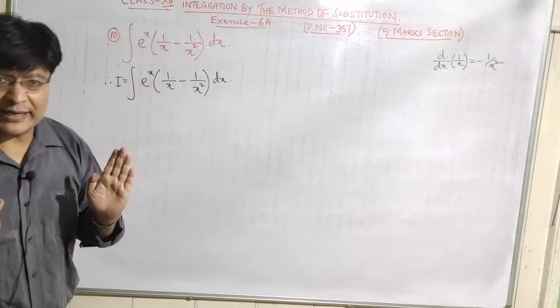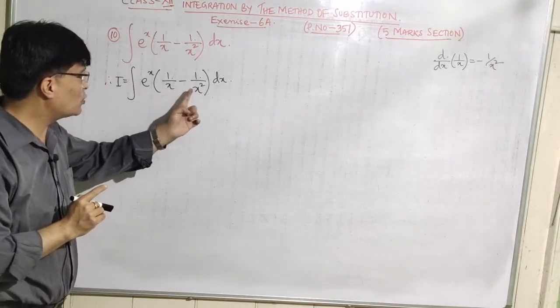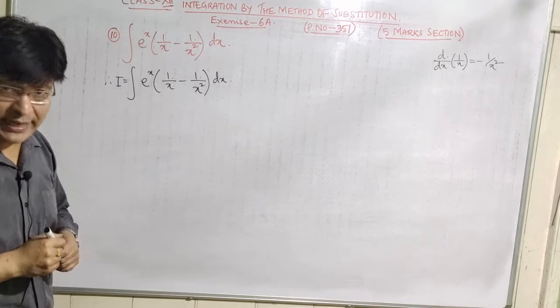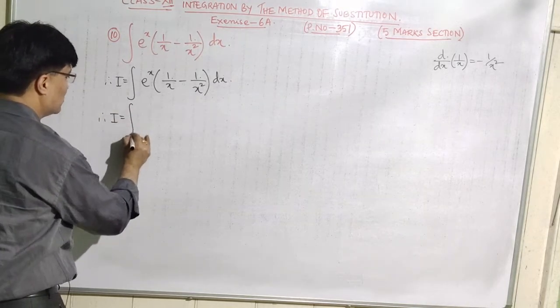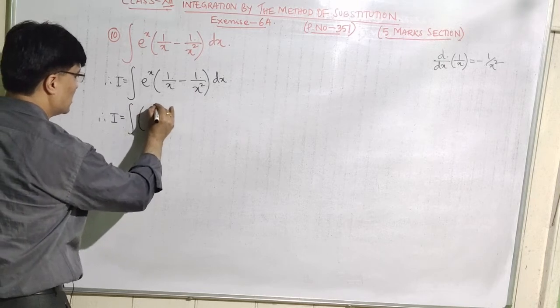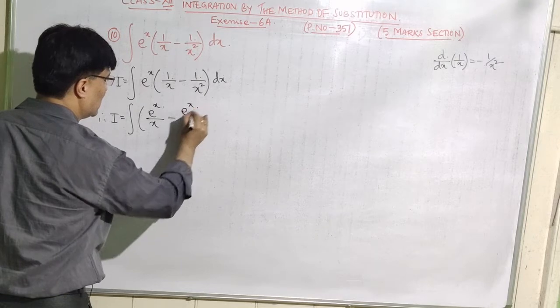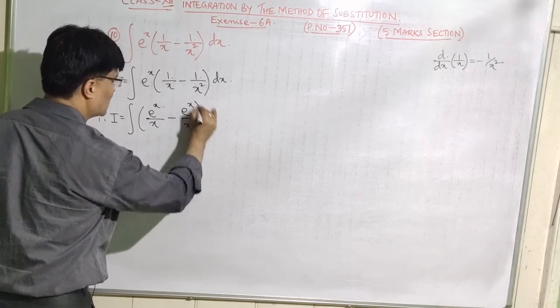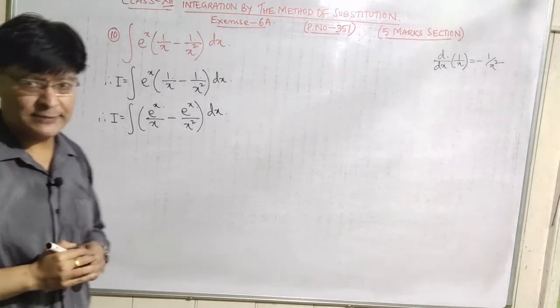Okay, but we cannot assume z is equal to 1 by x here. First of all, you have to multiply these two terms by e to the power x. So therefore I is equal to the integration of, bracket, e to the power x by x minus e to the power x upon x square, bracket closed, dx.